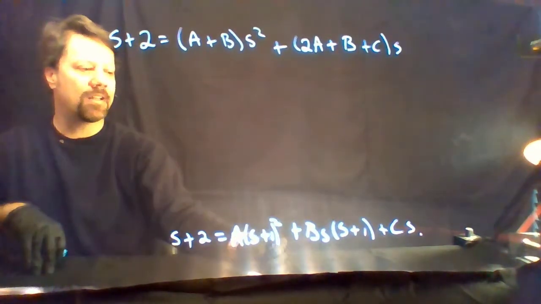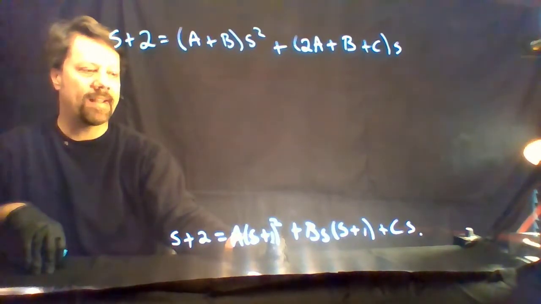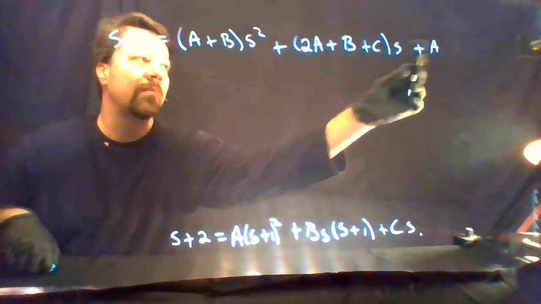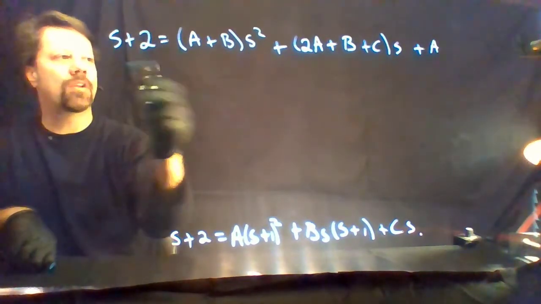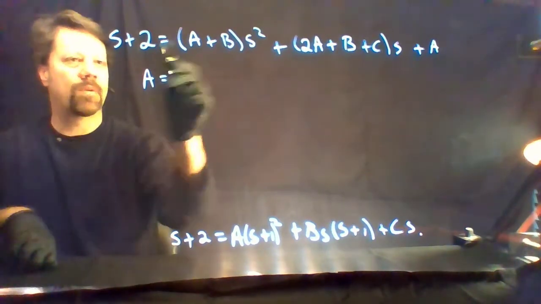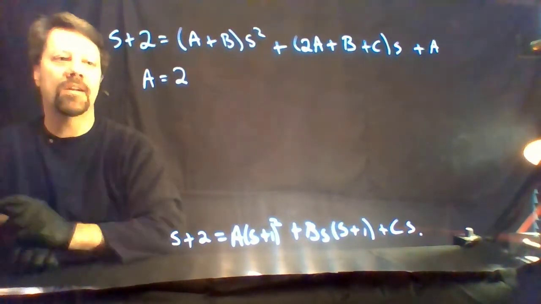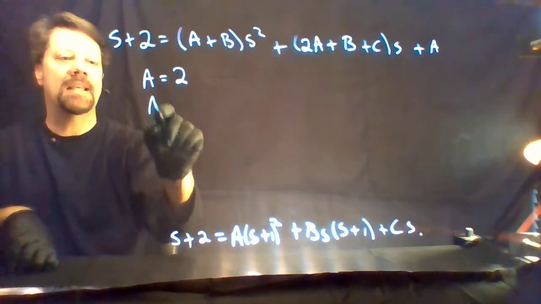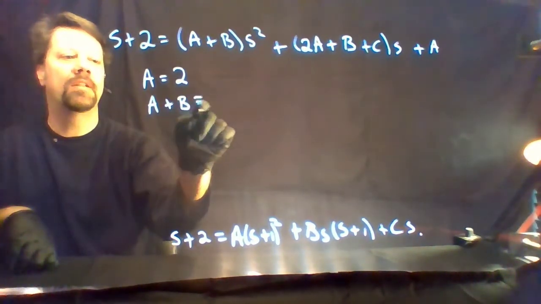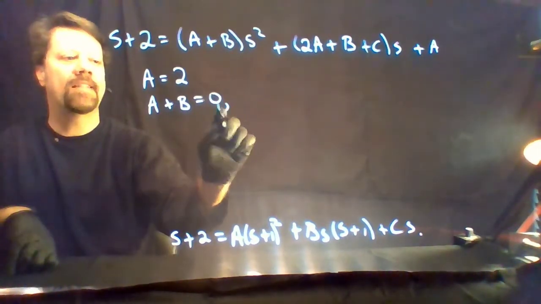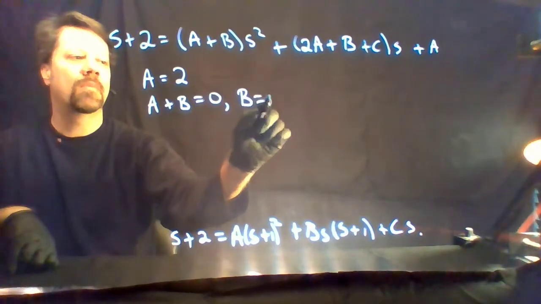And now for the constant terms, there's only one, and that is plus a. Equating coefficients on each side, we find that a, the constant term on the right, is equal to 2, the constant term on the left. Also, note that a plus b is 0 because there is no s squared term on the left, and that then implies that b is minus 2.